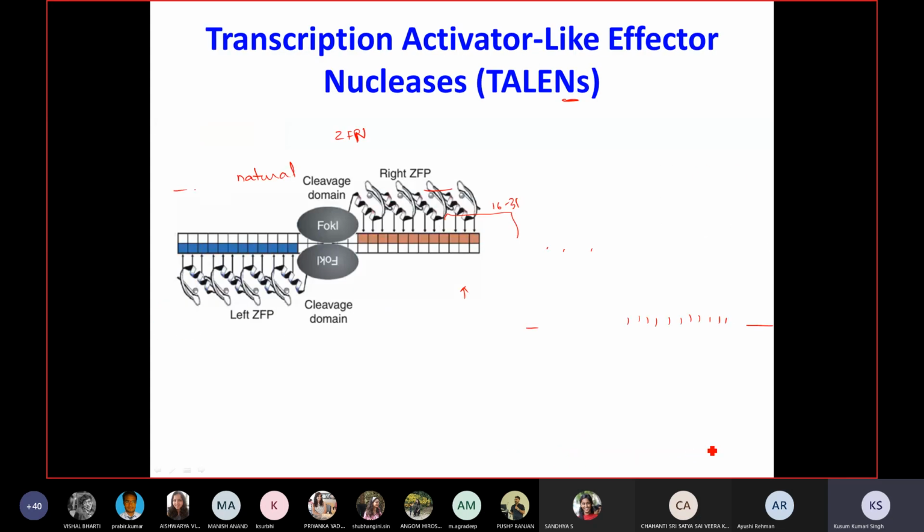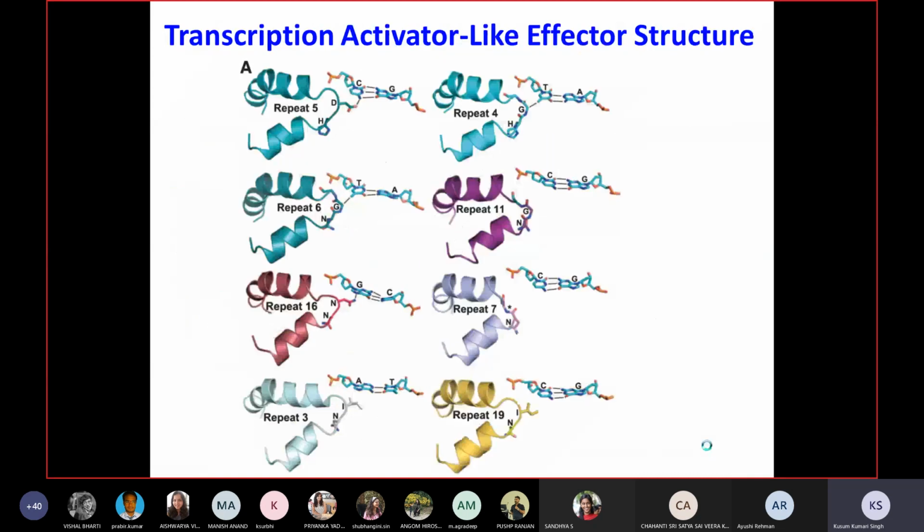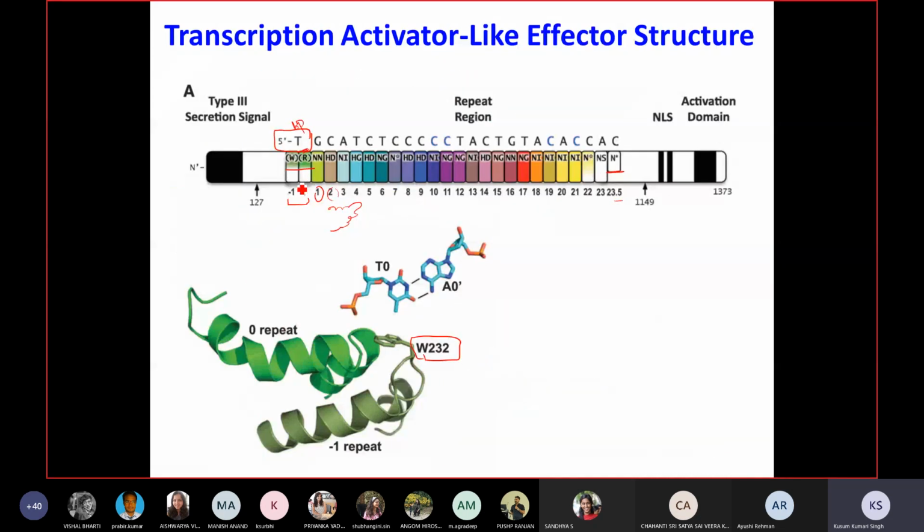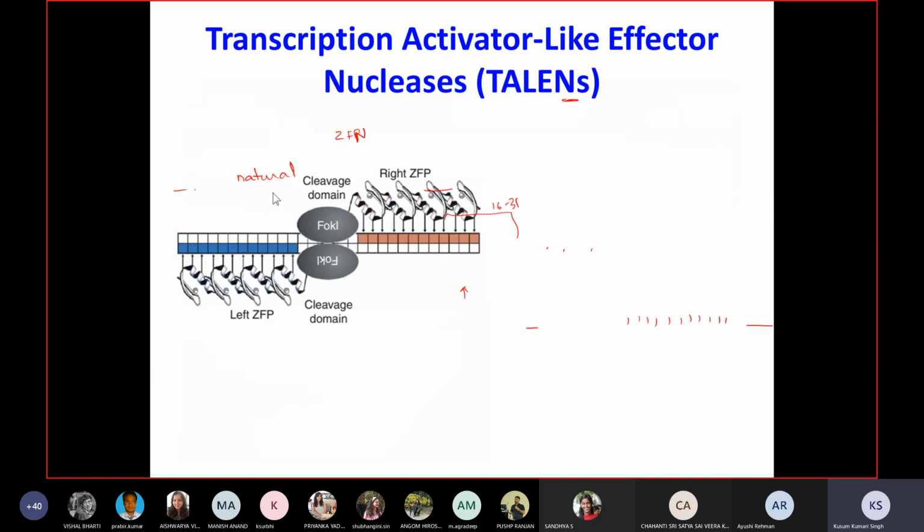If you see this picture, I mentioned this domain. All these repeats were important, but the sequences before the repeats were also important, and people were not sure why. If you delete anything up to here, it will not work. So you will have to construct an N-terminus with up to 127 amino acids in your TALEN sequence.